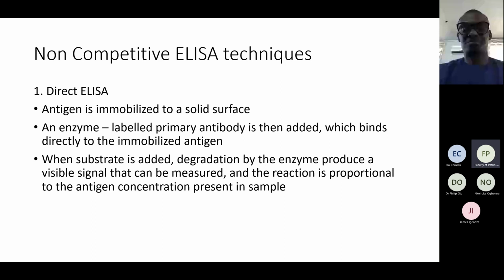Thereafter, a primary antibody that has been labeled with an enzyme is added. So step number one, the antigen is immobilized to a solid surface. Step number two, an enzyme-labeled primary antibody is added to the plate.